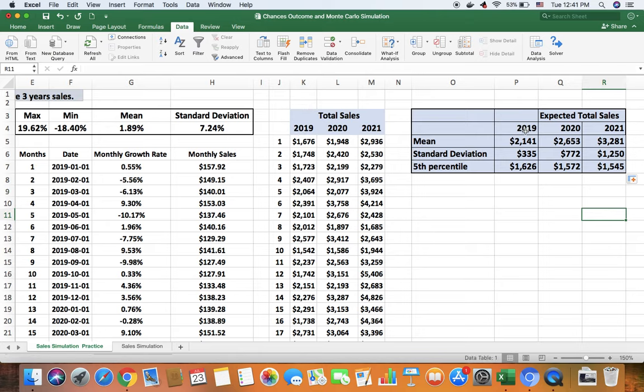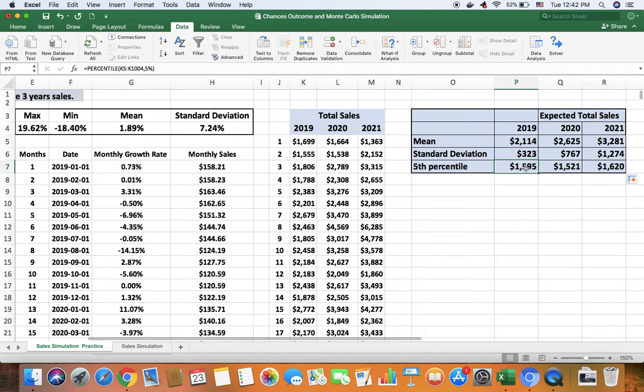Let's look at the 2019 5th percentile. What does this mean? This means 5% of the data points, here we have 1000 scenarios, 1000 data points, fall below this value. That means 95% of the data points fall above this value.